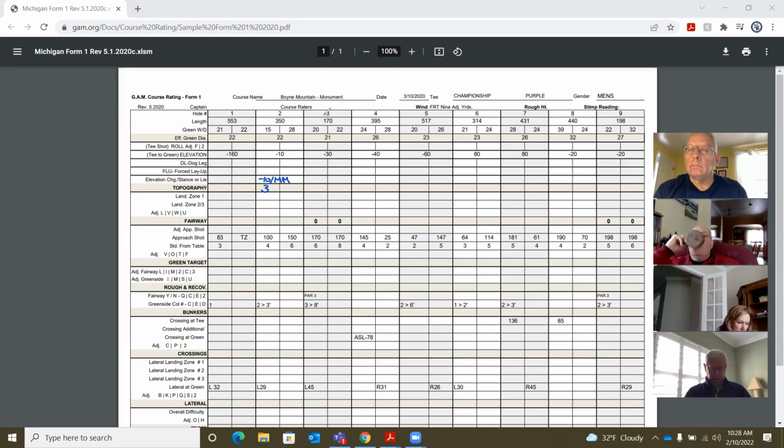And then again, we went through the example of the par 3 where we are looking only at the elevation. So those ones are simple.